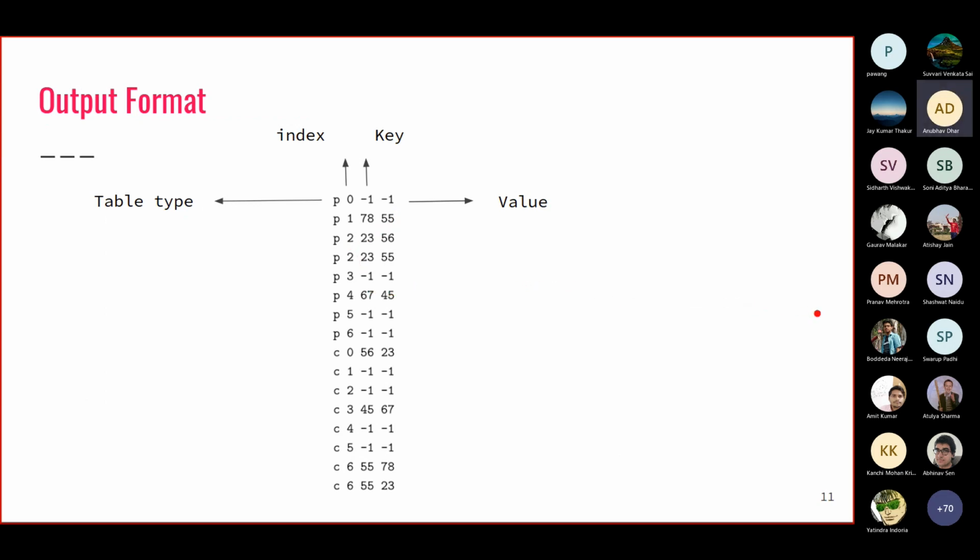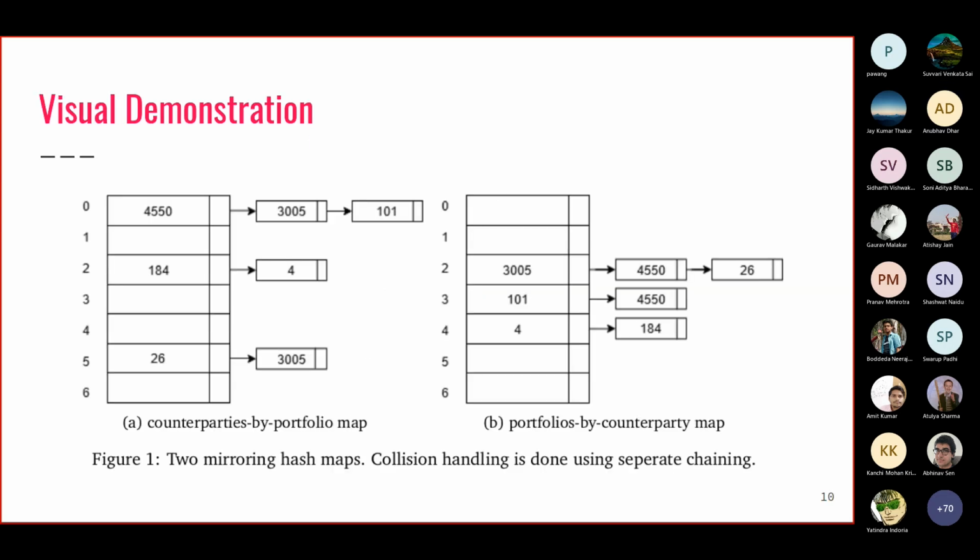Sir, does the order matter? Which order are you talking about? Sir, the third and fourth lines, P2 2356 and P2 2355, can be printed the other way also. Actually, order matters somewhat, because when we are inserting a new element in this hash table, we are inserting at the beginning of the list.